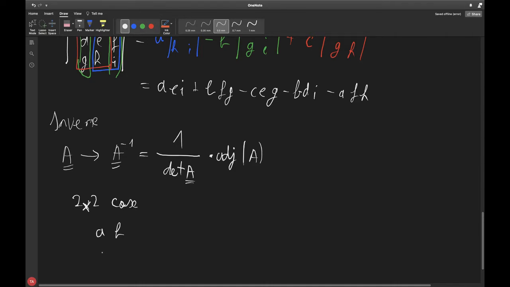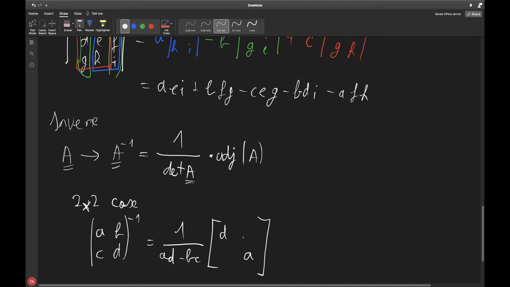If I take the A, B, C, D matrix and I take the inverse of it, then we already discussed that it is AD minus BC is the determinant, and the adjugate is the following: we take the A and D and swap them, so it's a D here and it's an A here, and we put minus signs to the rest, minus B and minus C. So this is now the inverse of this A matrix.